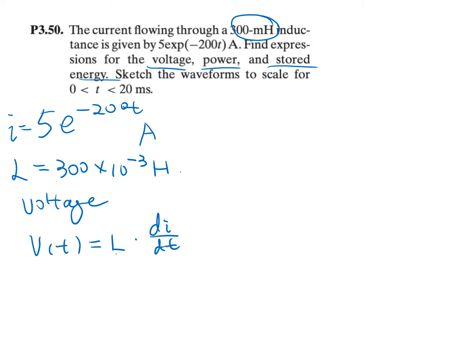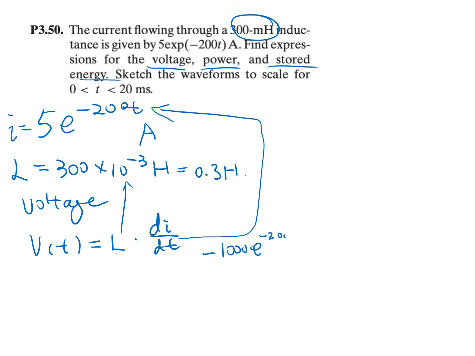L is this value, that's 0.3 Henry, and the derivative of the current is negative 1000 e to the negative 200t. So we multiply them together and get negative 300 e to the negative 200t.